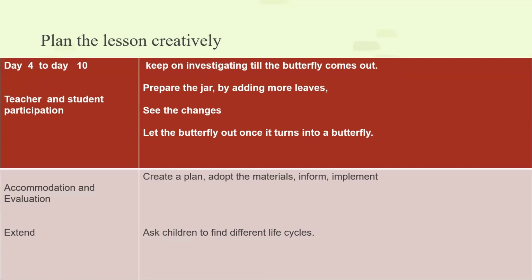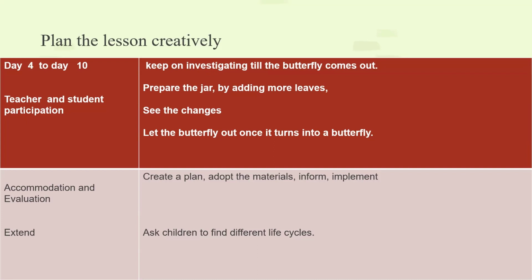From day 4 to day 10, we are going to keep on investigating till the butterfly comes out. Prepare the jar by adding more leaves. See the cocoon, right? See the changes. Let the butterfly out once it turns into a beautiful butterfly.